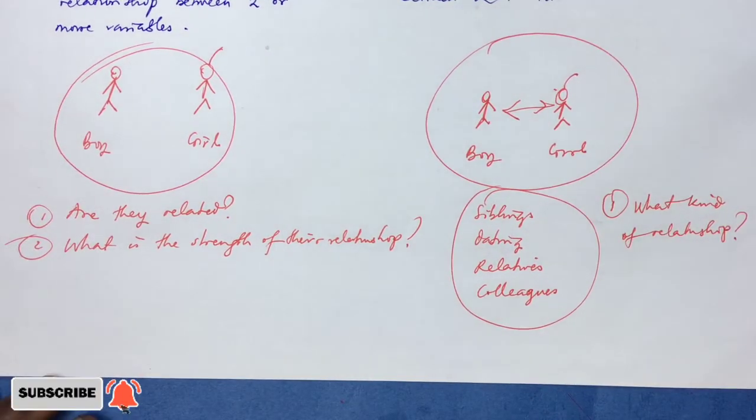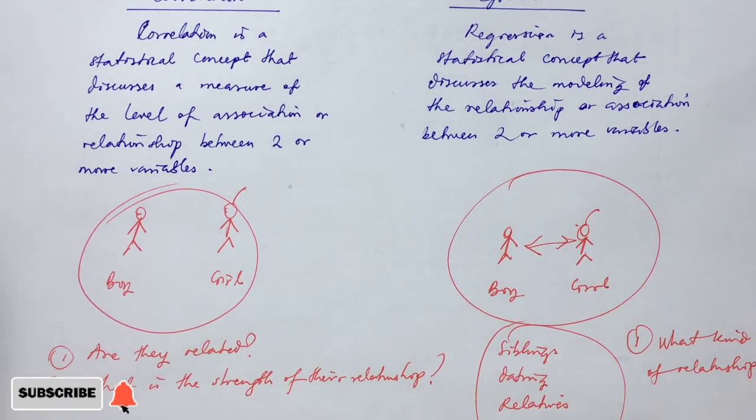What kind of relationship? So that being said, let me quickly summarize. Correlation is simply a statistical concept that discusses a measure of the level of association or relationship between two or more variables.